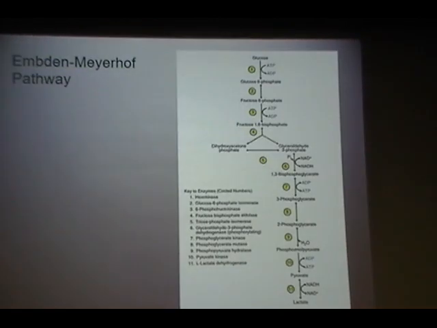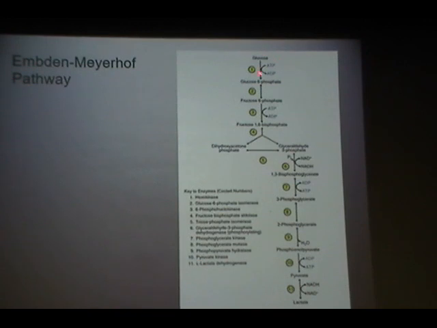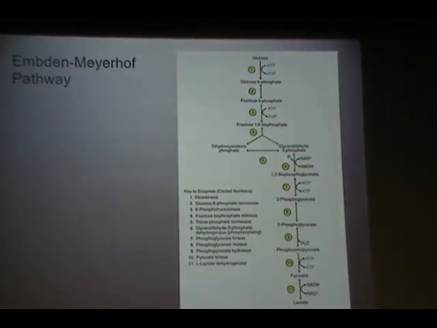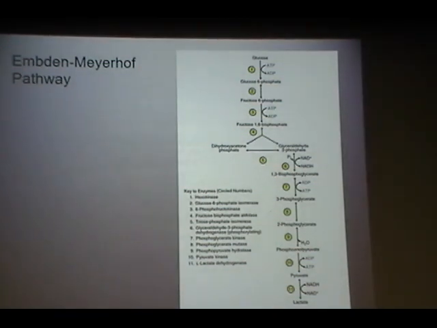Okay, Embden-Meyerhoff pathway. What do you need to know about this? You need to know that glucose undergoes a process by which at the end of the day lactic acid is produced. Some streps do this extremely well and very efficiently, and a lot of lactic acid is produced. Others don't do it as efficiently.